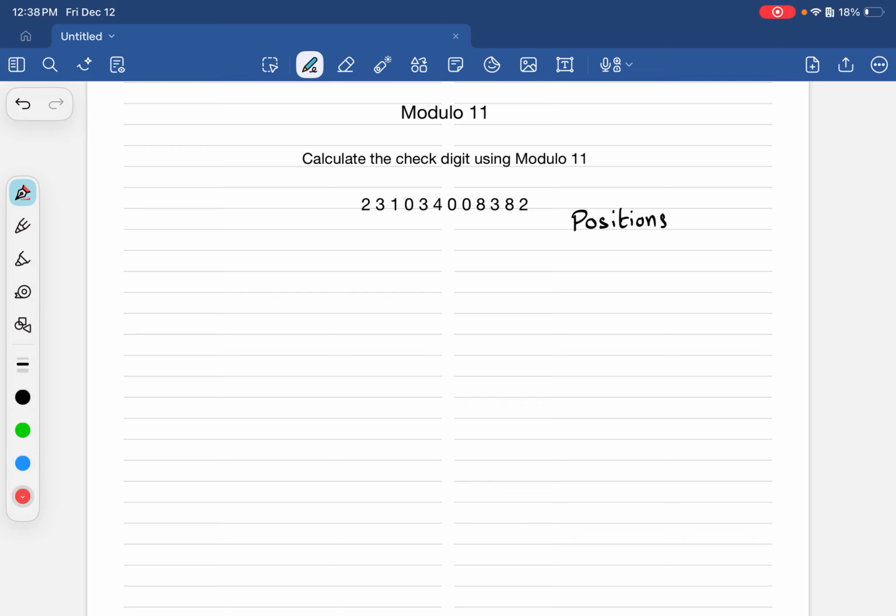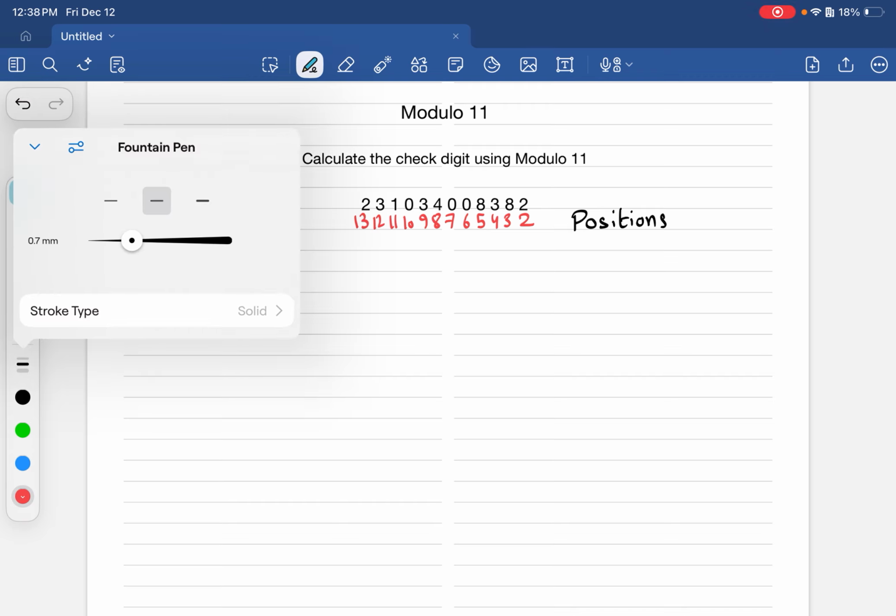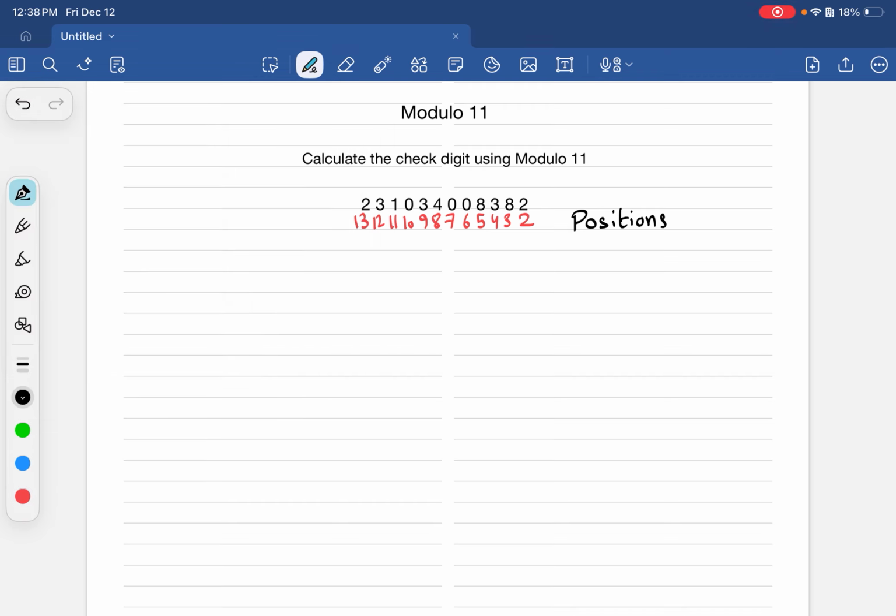Actually, let me write this down with a different color. So 2, 3, 4, 5, 6, 7, 8, 9, 10, 11, 12, and 13. Alright, so these are the numbers we have.